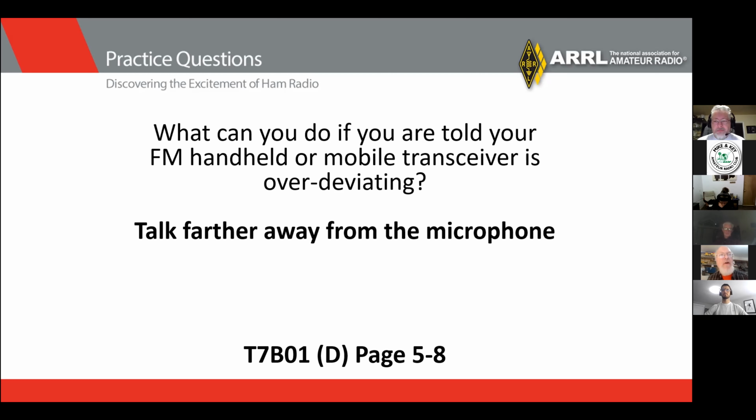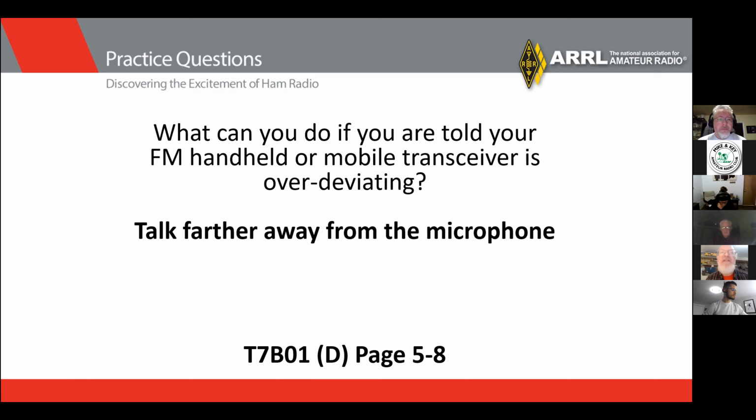If you get real loud, it goes way far one side, way far the other side, and you're getting into the channels on the side. And someone who's listening just to that channel, it may just cut off and they may not even be able to hear half your voice if you're over deviating. So you don't want to talk too loud. You have to have someone else tell you, or you have meters to read on your radio. If they say you're over deviating, that means you're distorting and you're starting to chop out. Get back a little bit.